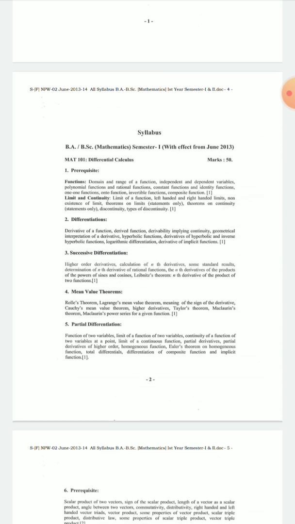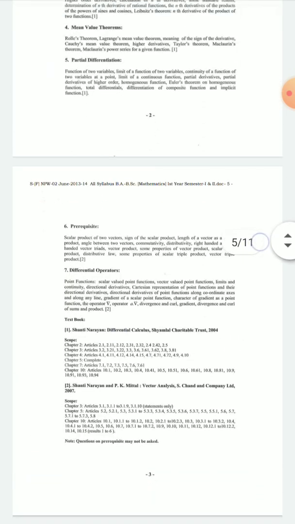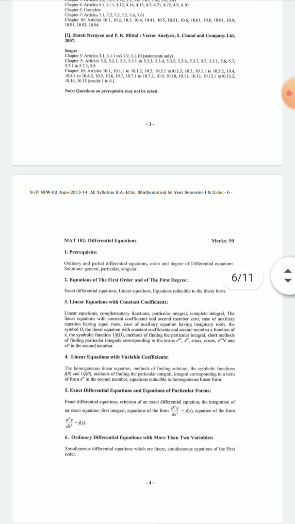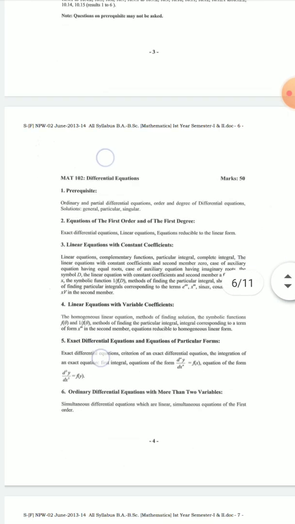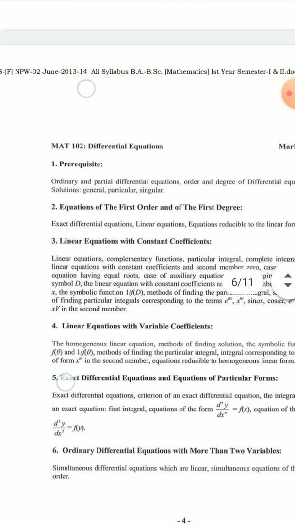First paper is MAT 101 differential calculus, and second paper is MAT 102 differential equations. Out of these two papers, I am going to teach the second paper, that is MAT 102 differential equations.